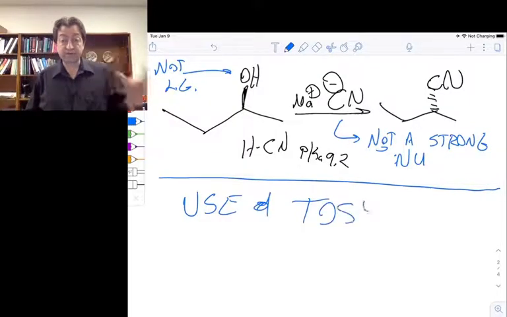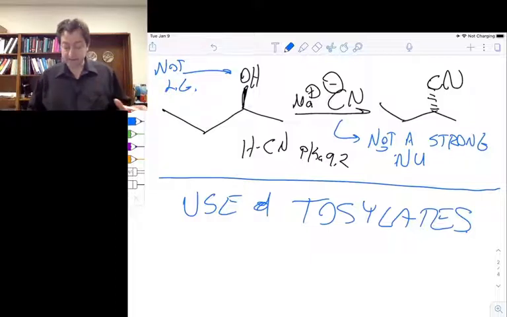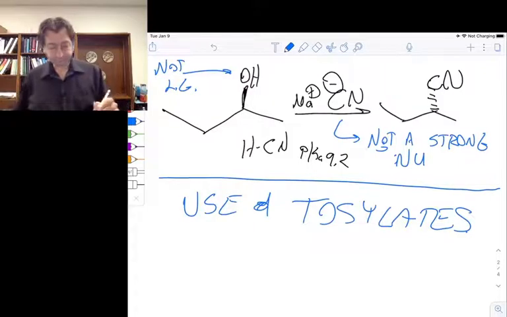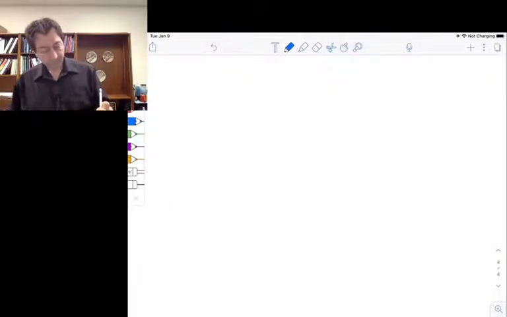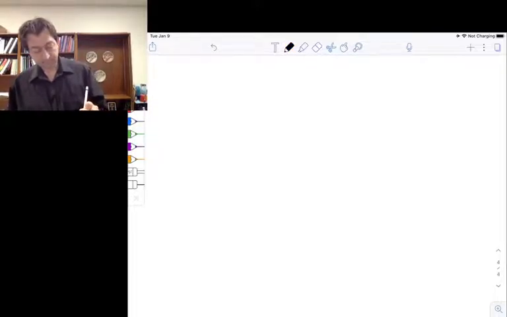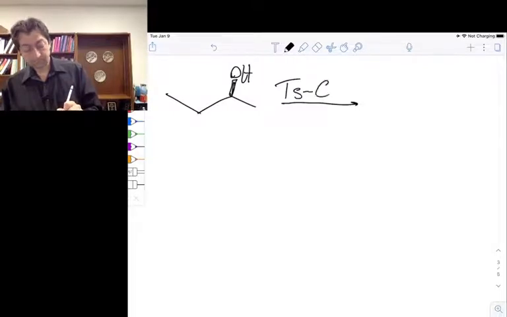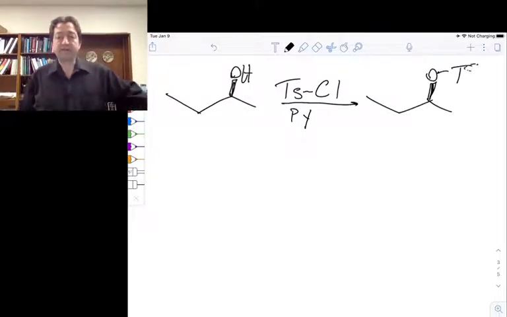We can use something called a tosylate. We can use a strategy of something called a tosylate. Let me draw this out in some detail, and then we'll take a look at how this works. So here I've drawn it out, and I'll fill in the details in a second.